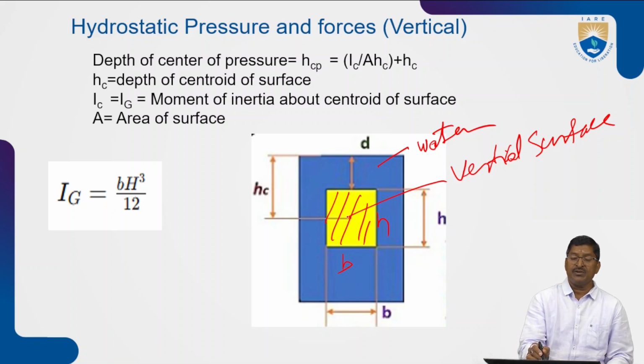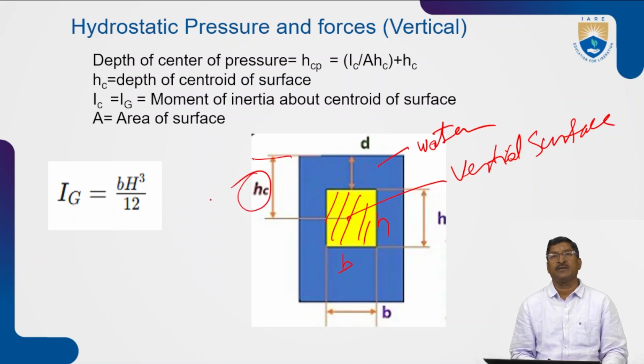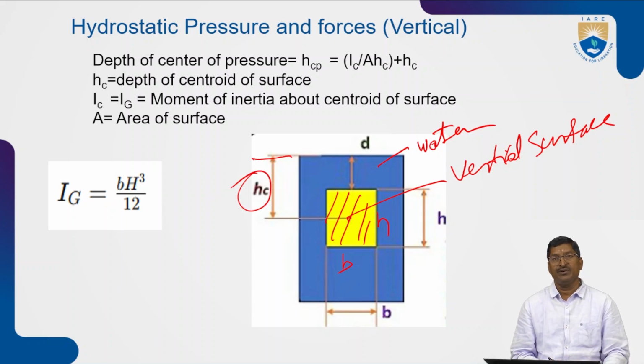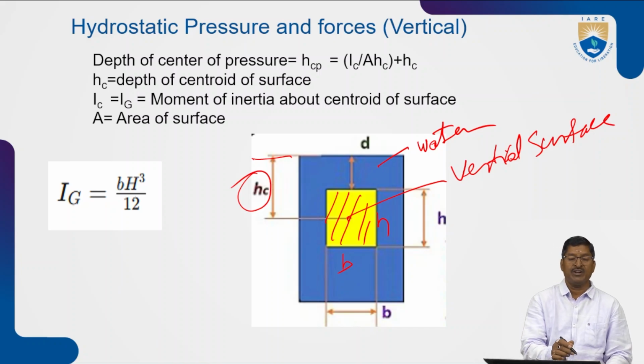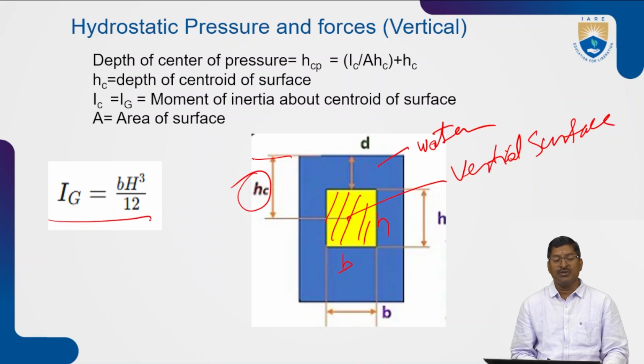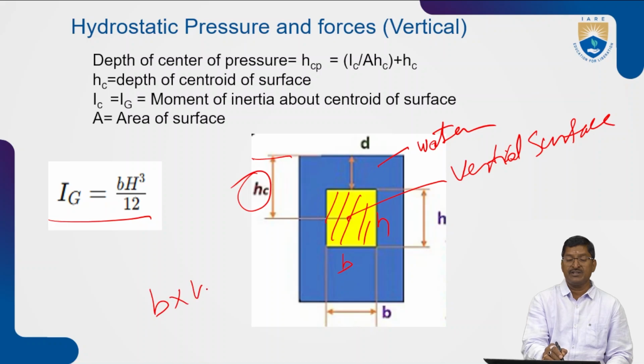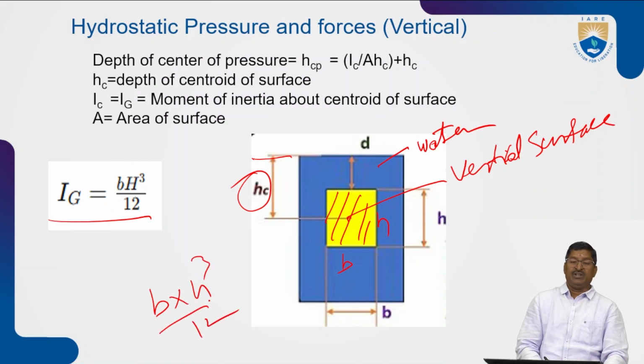The distance from the surface of the fluid to the centroid of this vertical surface is HC. And IG is equal to b h cube by 12. Here b is b, and h is small h. We will get the moment of inertia.